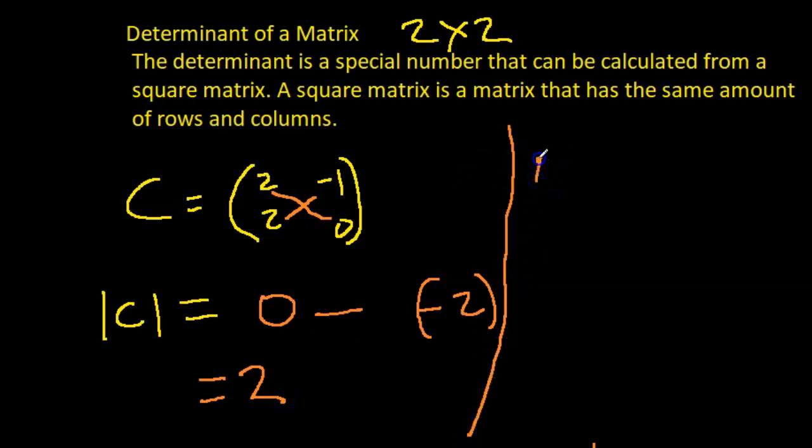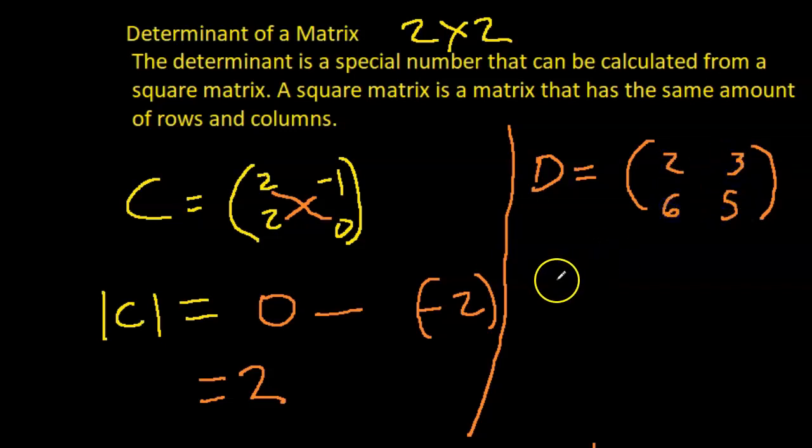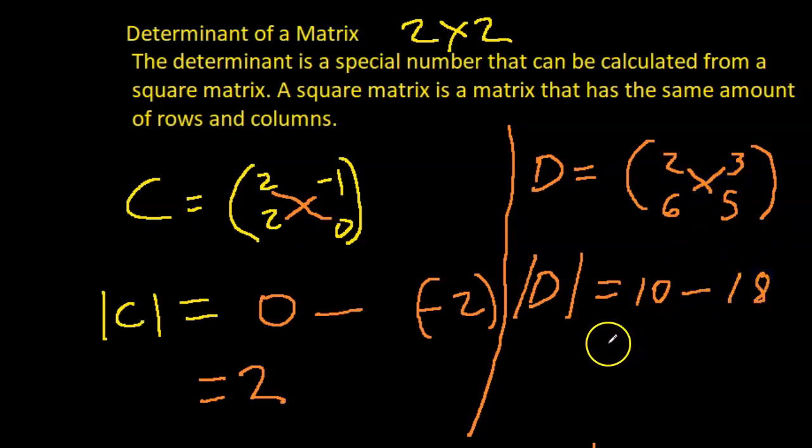Look at D. D is 2, 5, 3, 6. So the determinant of D is what? Again, cross multiply. So 2 times 5, that's 10, take away 6 times 3, take away 18. So the determinant is minus 8.